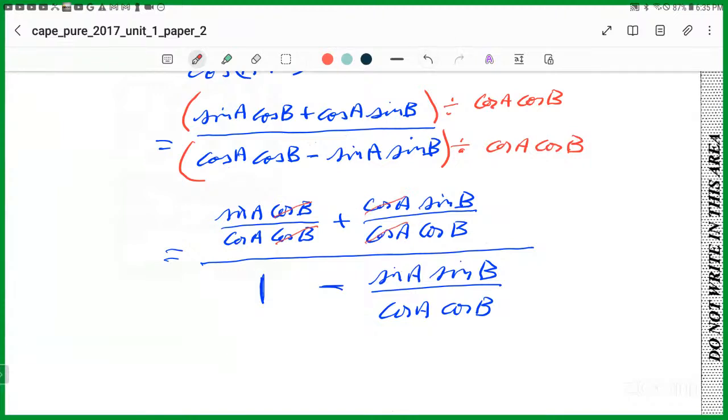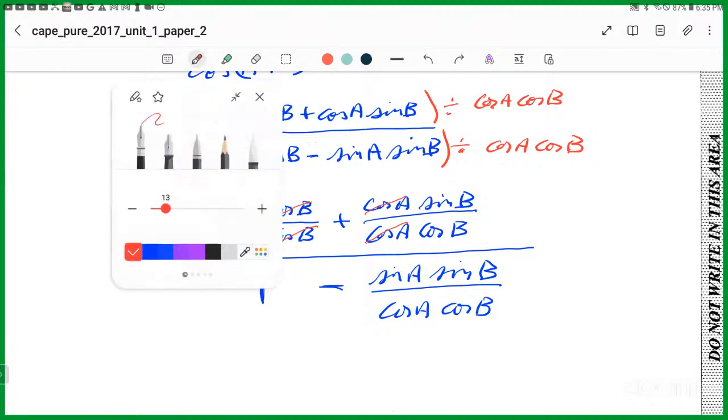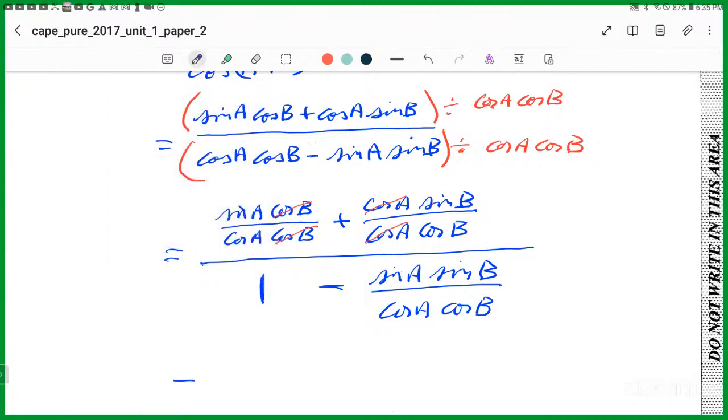And then this sin A over cos A becomes tan A, and this sin B over cos B becomes tan B. Then down on the denominator, sin A over cos A becomes tan A and sin B over cos B becomes tan B. So we're going to end up getting what we want.